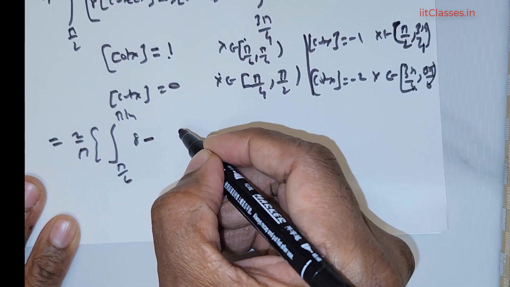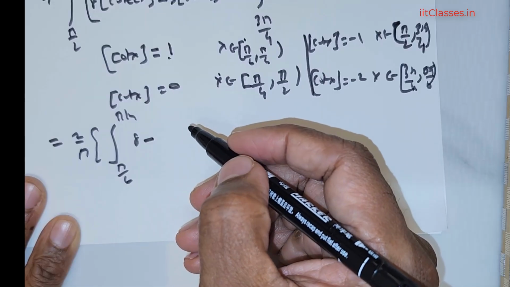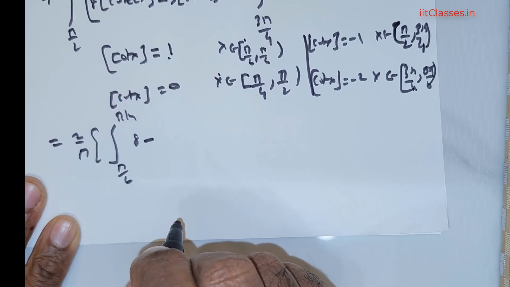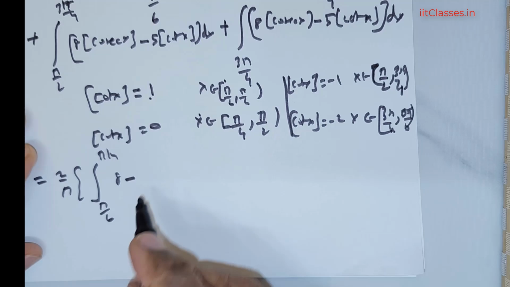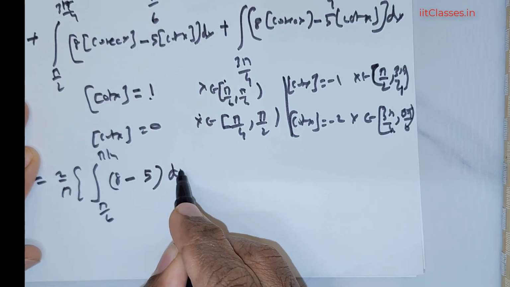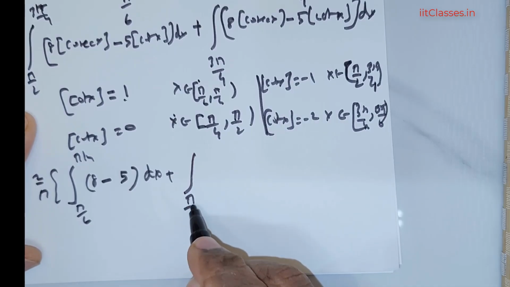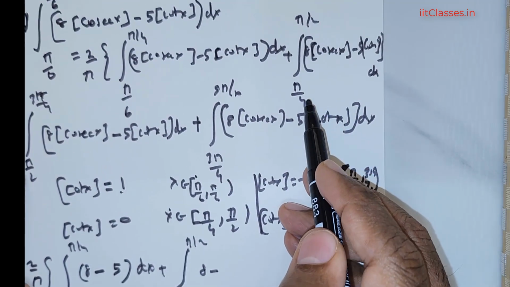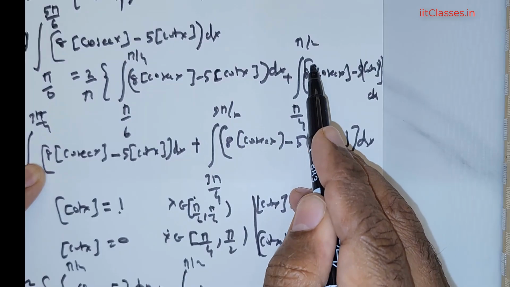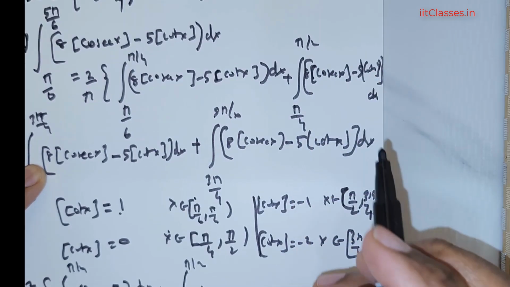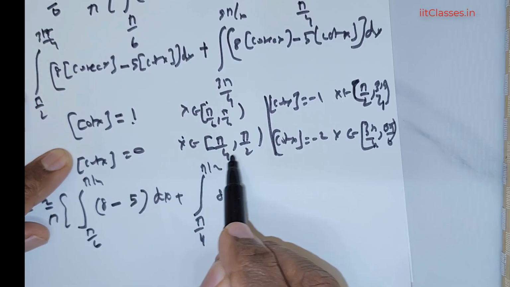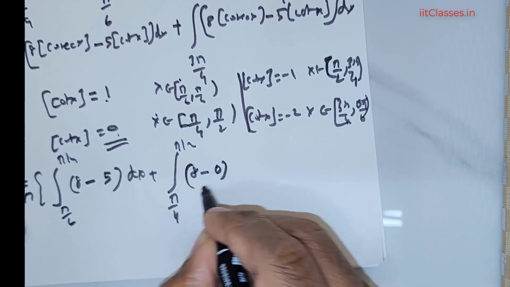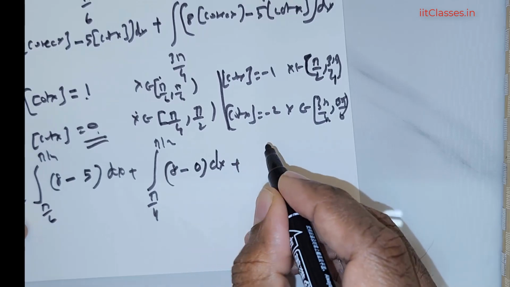So this is going to be 8 minus 5, which is 3 times dx, plus the integral pi over 4 to pi over 2, 8 minus 5 times 0, so this is going to be 8 times the dx.